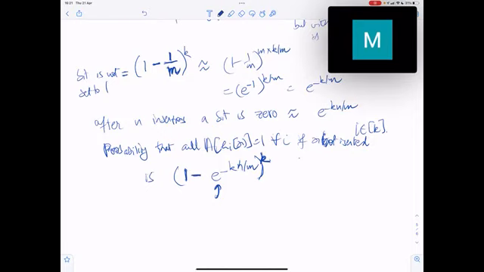And now this can be made very small by choosing n and m appropriately. Correct? Do you see my point?